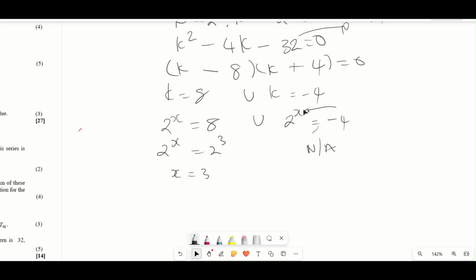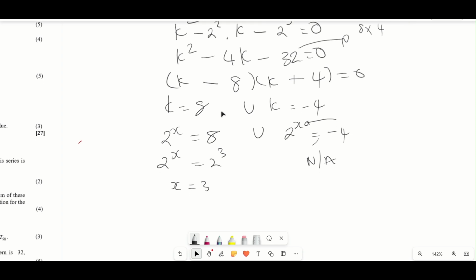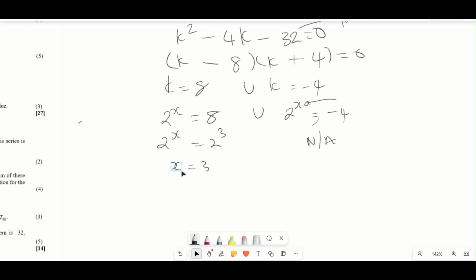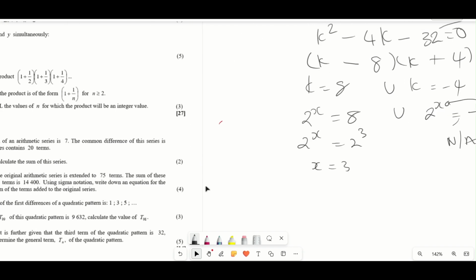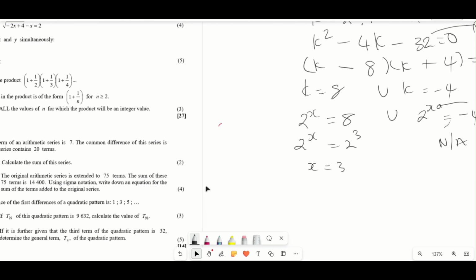But if you use a laptop or a device that has a big display, then you will get your answer as 0.00000 something. But for this answer here, there's no solution. Then your final answer is x equal to 3. I hope that makes sense.